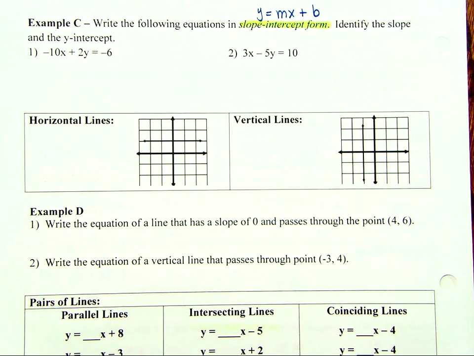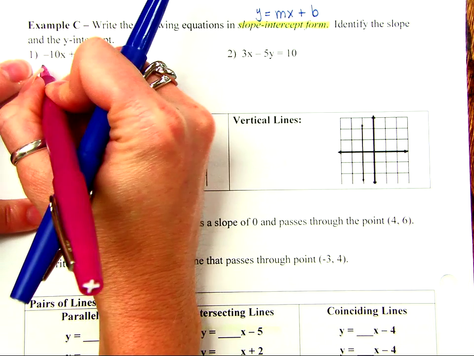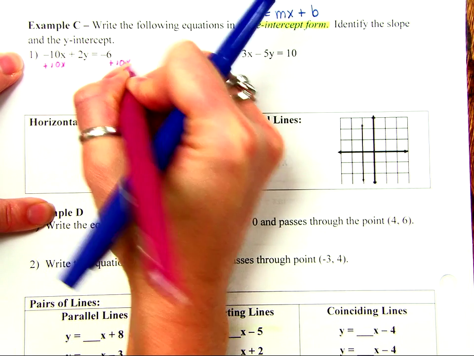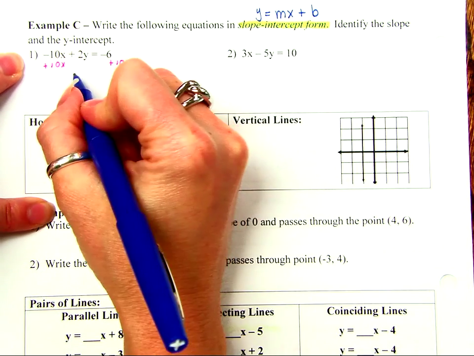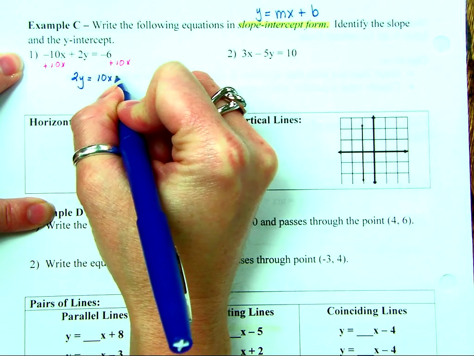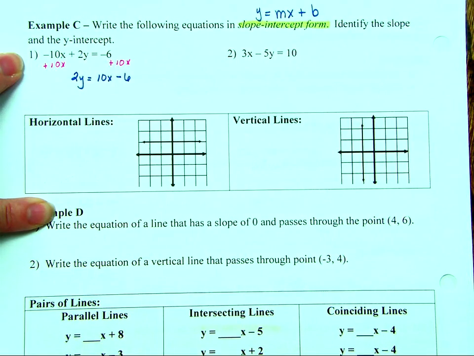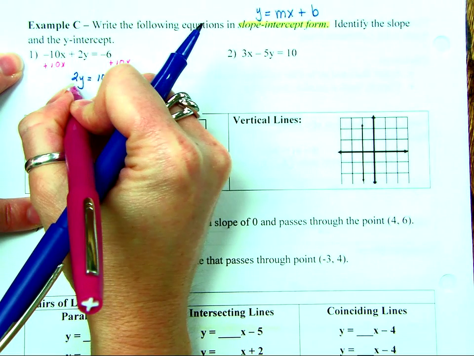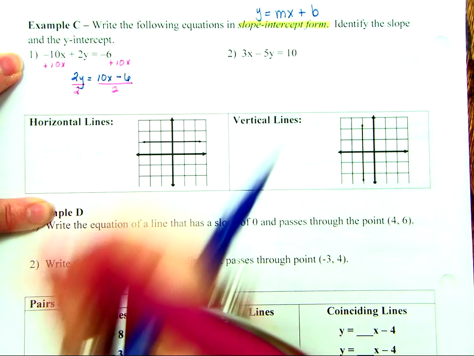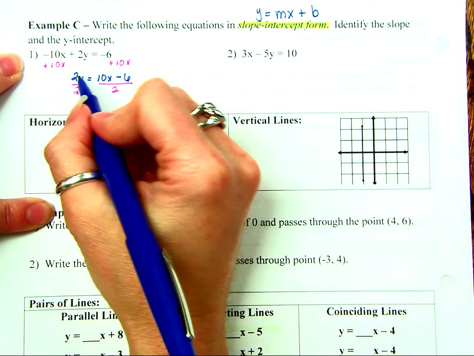The first step in order to solve for y is going to be to add 10x to both sides. We find out that 2y equals 10x plus 6. And now I'm going to divide by 2. But I have to remember on the right-hand side, I need to divide everything by 2.